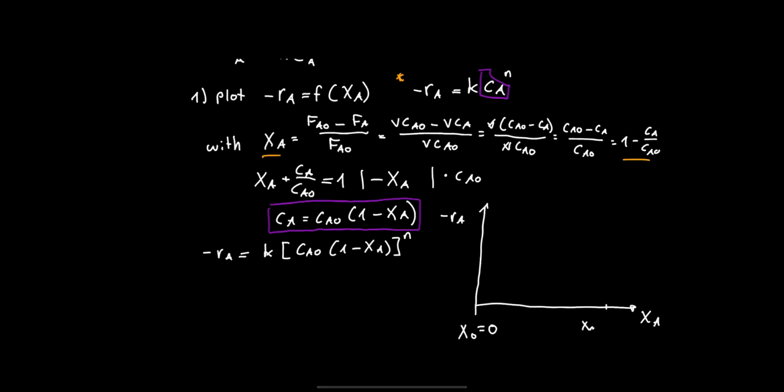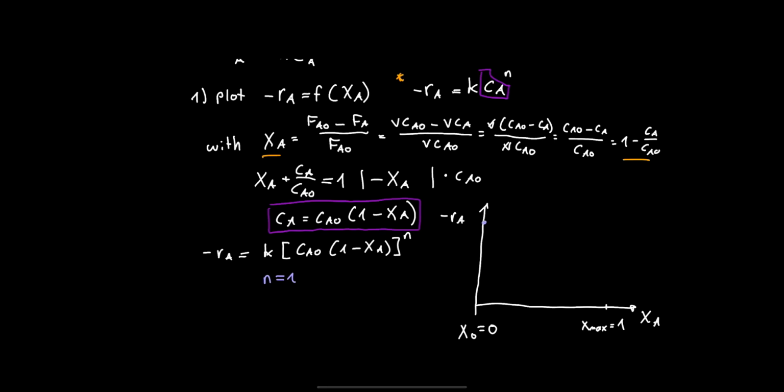And the highest possible conversion of the species A would be 1, where all of the species A is converted. And if we look at our equation, the curve will strongly depend on the reaction order. So for example, if the reaction order is 1, we would have a linear function.